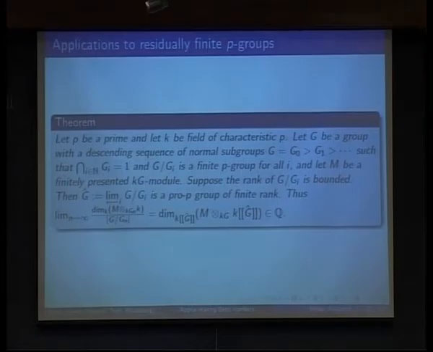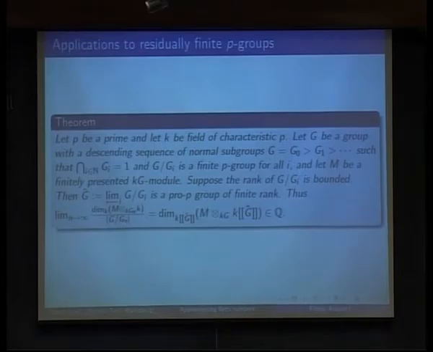Then you can take the inverse limit of these G over G_i, and this will be a pro-p group of finite rank, almost by definition. And then the limit as n tends to infinity of dim of M tensor over KG_n of K, divided by the order of G over G_n, is equal to this dimension on the right-hand side, and it will always be a rational number.